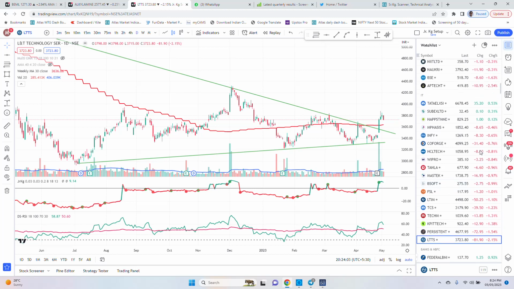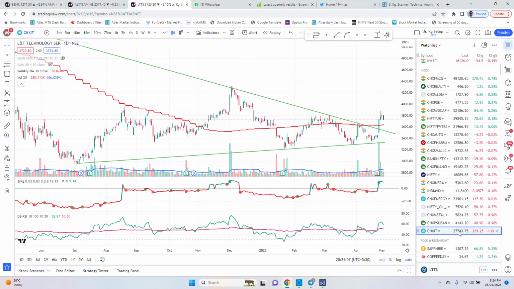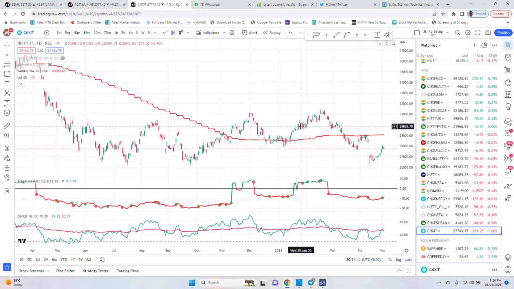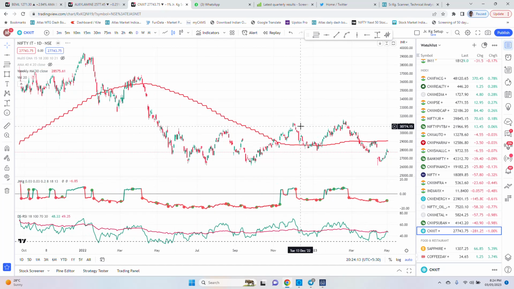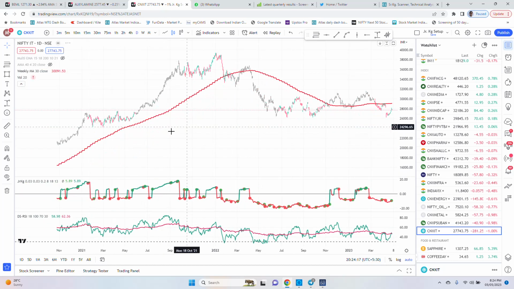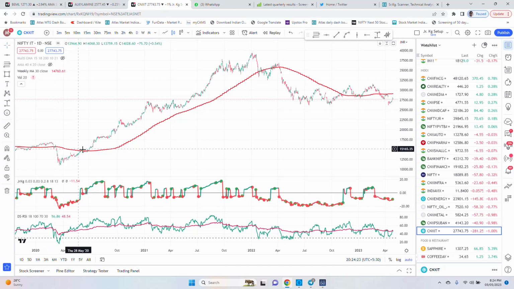You can apply the same thing to the index also. So let's see the IT index. The same pattern I am seeing in a lot of IT stocks, you will see in the index also. See this complete flat line.